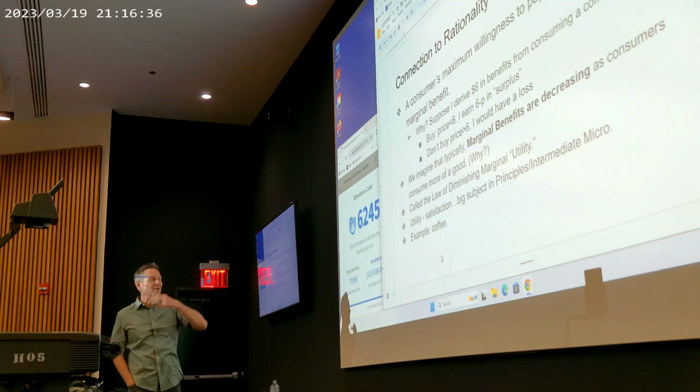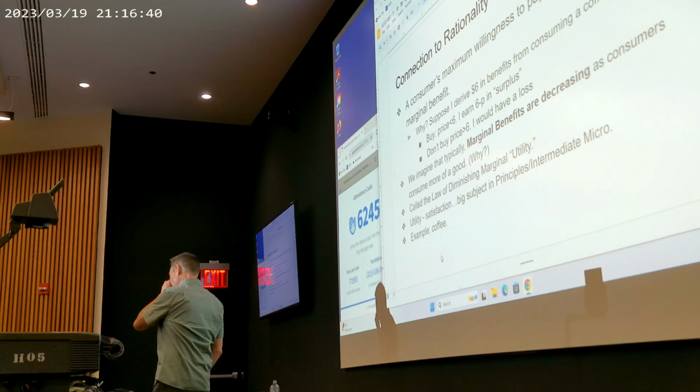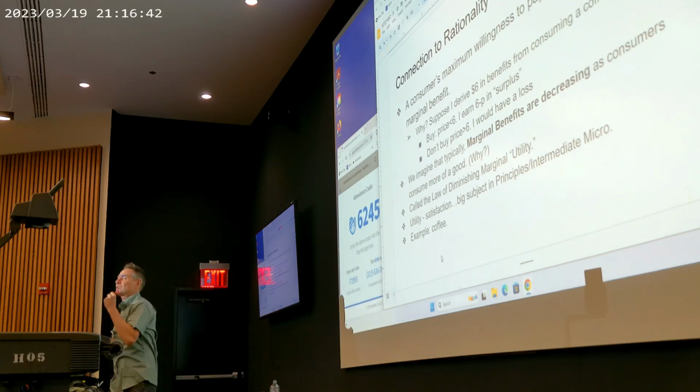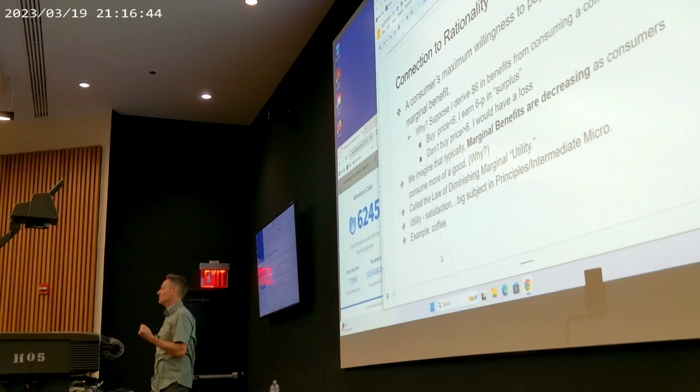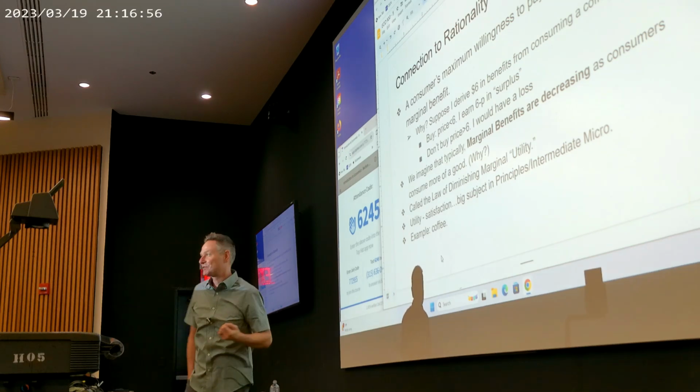So, good example here. Let's suppose I get $6 in benefits from consuming my first cup of coffee for the day. Right? So if you had some sort of meter attached to my brain, when I drink that cup of coffee, it goes up by $6. That's the benefit I get from drinking this coffee.